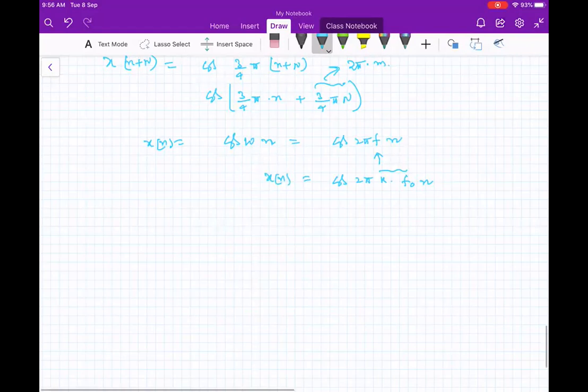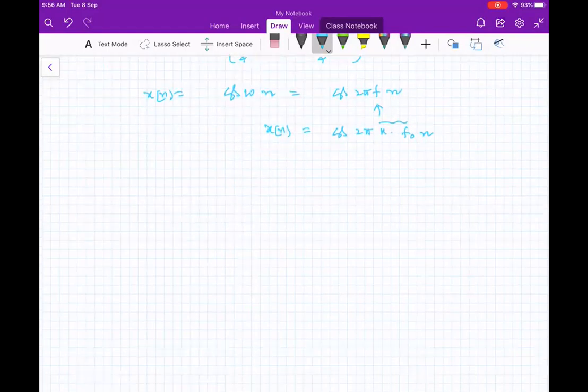If omega varies from 0, pi by 2, then pi, 3 pi by 2, 2 pi, and so on, and you plot for different values of n, you could see which is the high frequency.